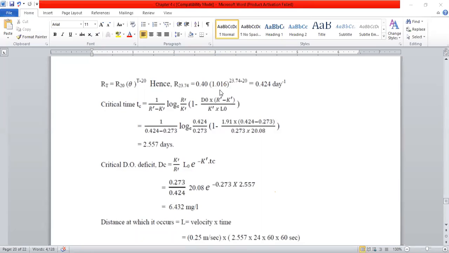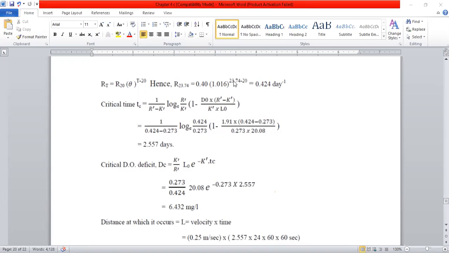While discussing the theoretical part, I told you the value of theta at 20 degrees Celsius to 40 degrees Celsius, in that range, you can take 1.016. So here it is taken 1.016 raised to T minus 20.